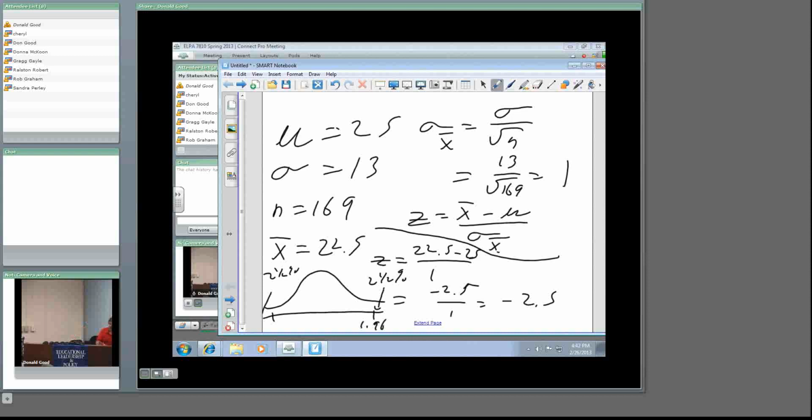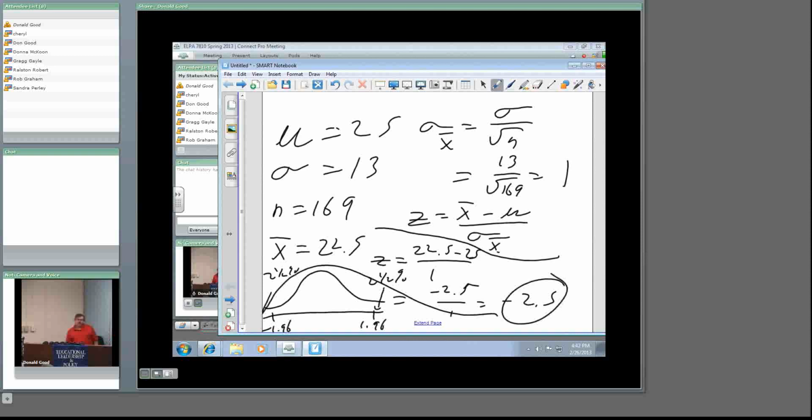For a two-tailed test at the 0.05 level, it's always 1.96, so plus and minus 1.96. So we got the negative 2.5, which is going to be in the lower rare region.